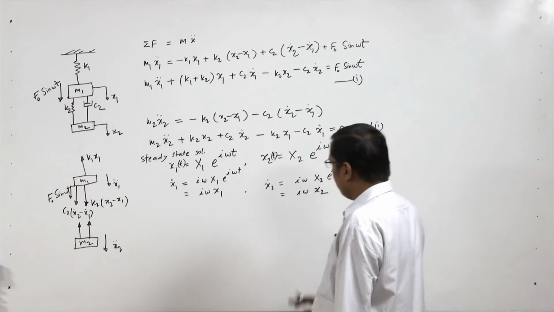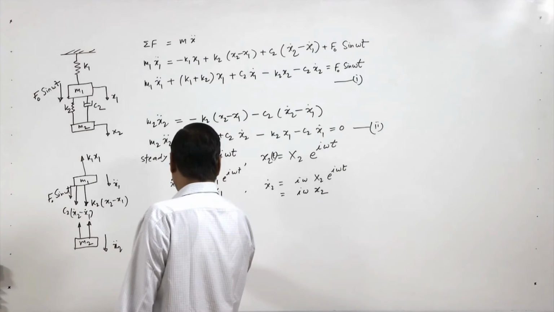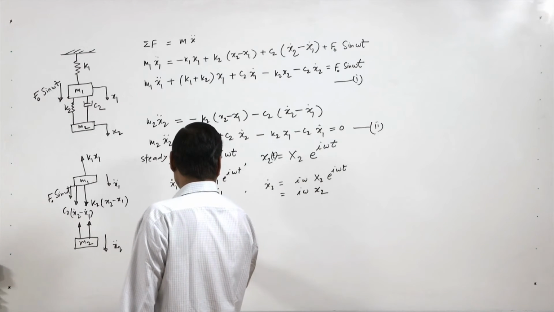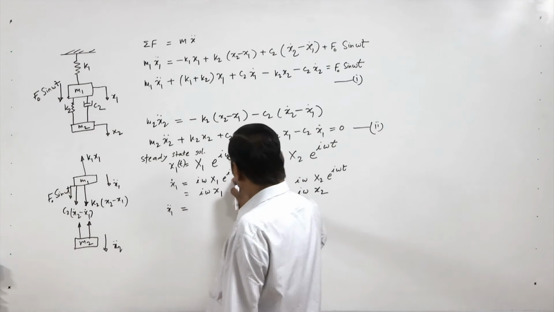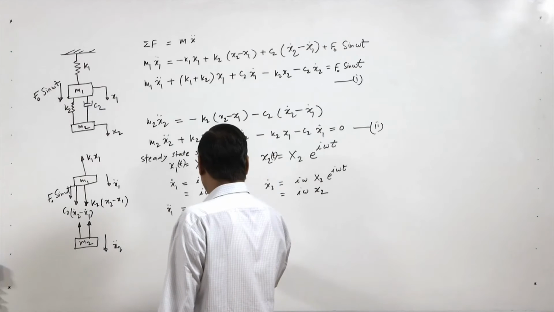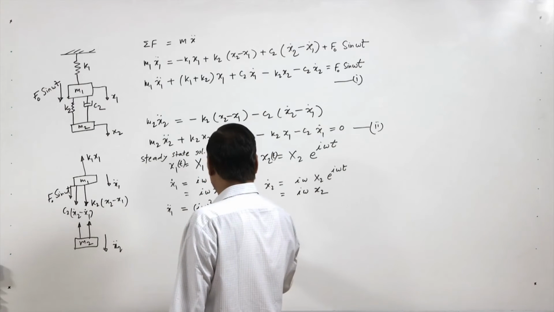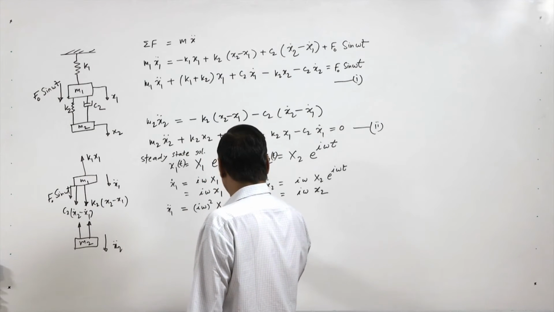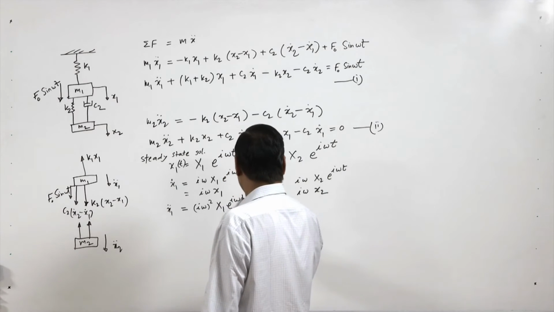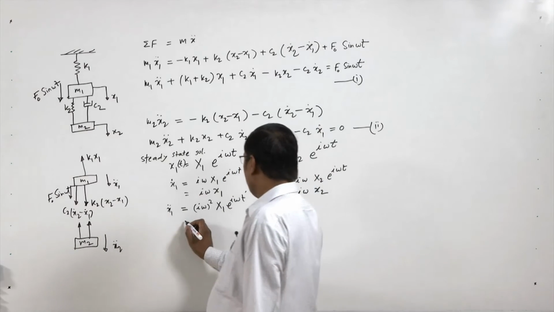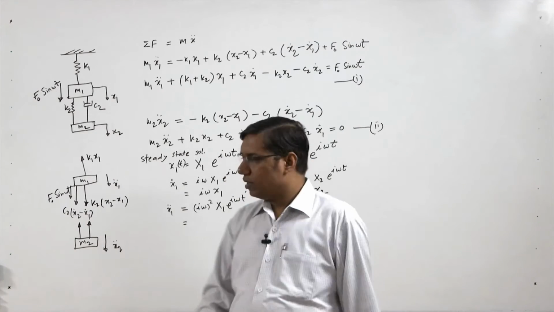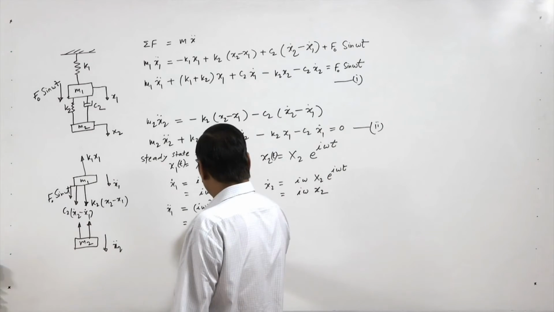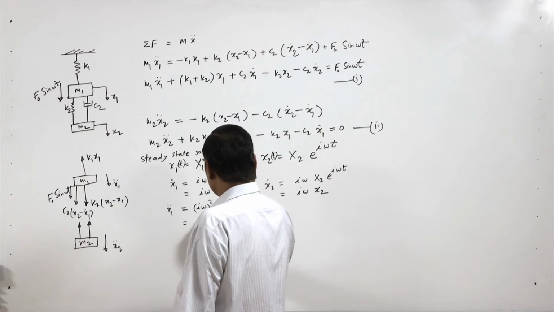So now x1 double dot, if we differentiate this again, will be (i omega) whole square into X1 e power i omega t. Here i square is minus 1, because i is imaginary, the square root of minus 1.